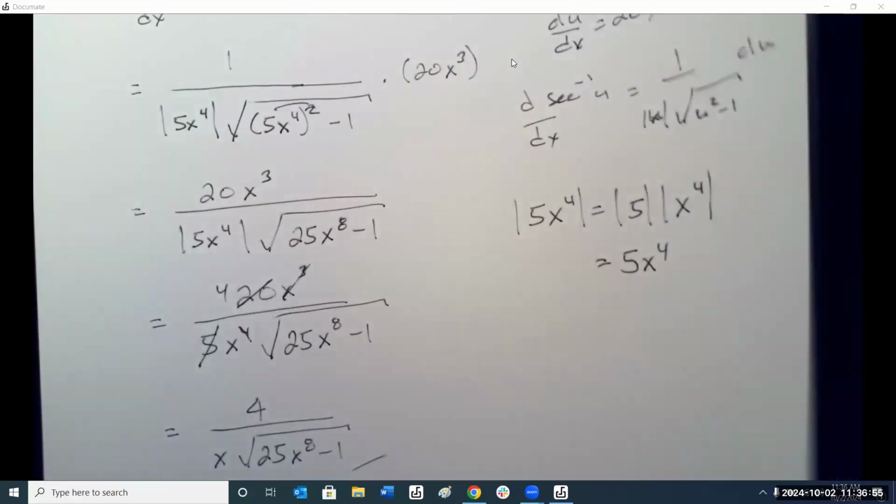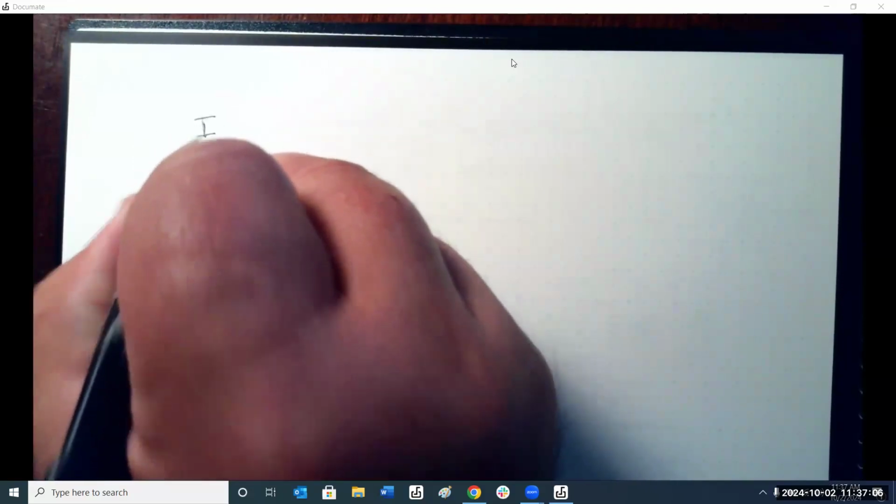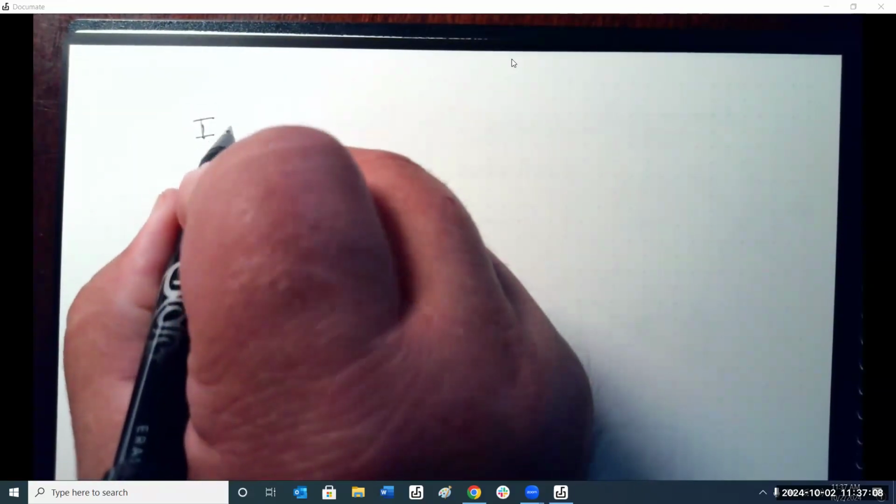This last part is pretty important because it helps us to rewrite things as needed.